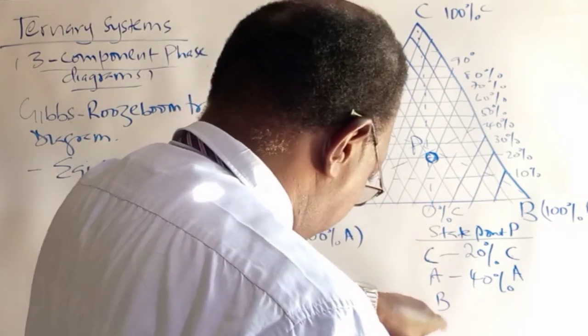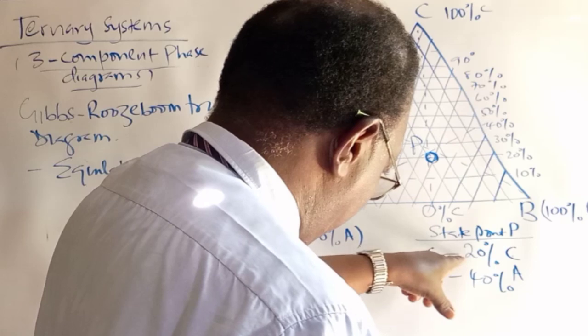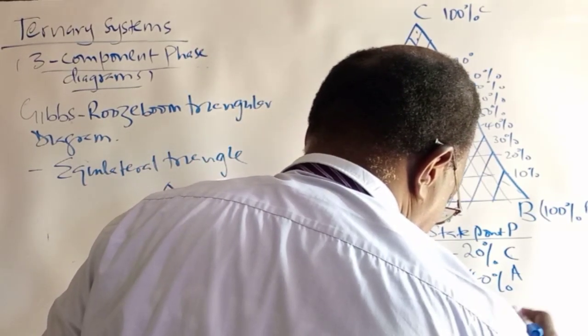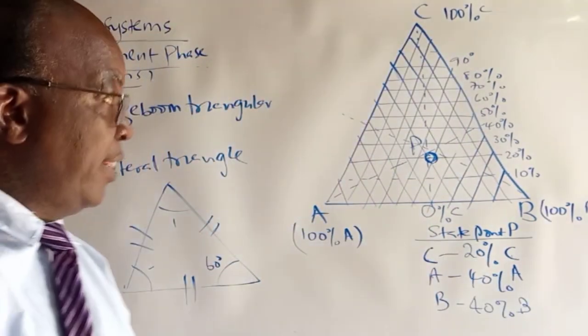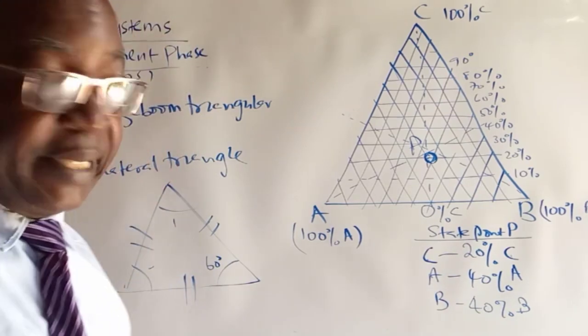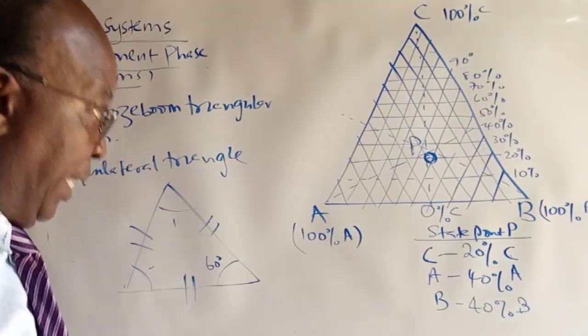So where is our B? B is this line. So that line should be about 20, 40, 60, another 40%. So if you draw the diagram to scale, then they should completely fit that configuration of percentage which we have there represented by the state point P.